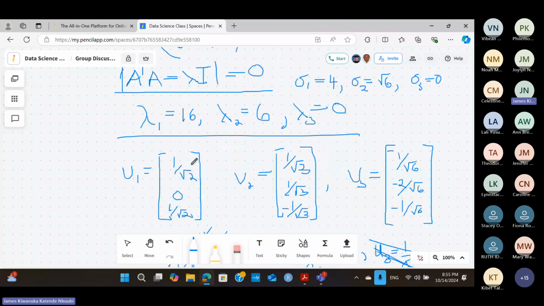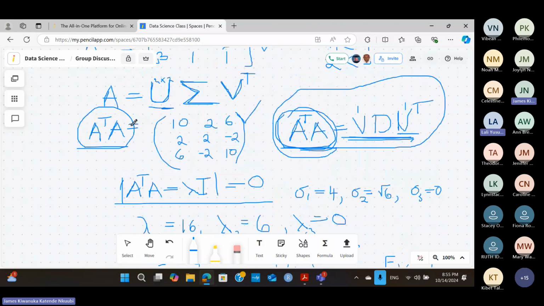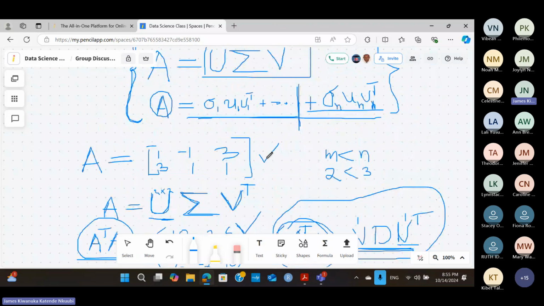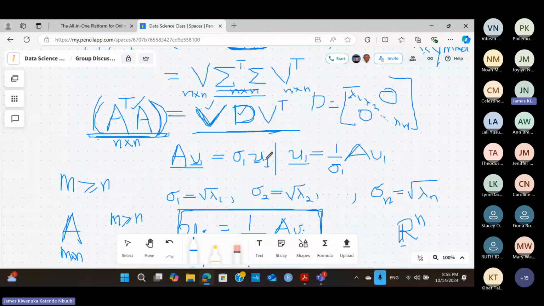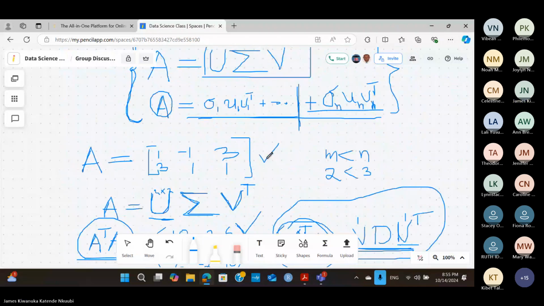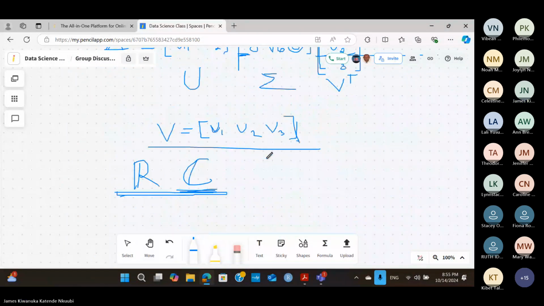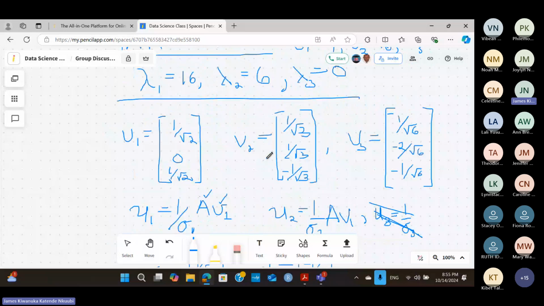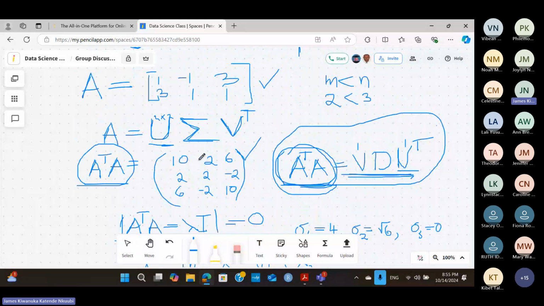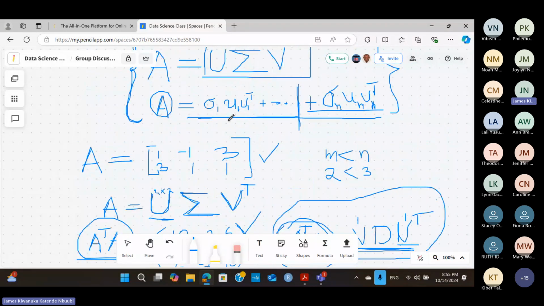Most of the time you'll not be working with data that is as small as this matrix. Most of the time your data will not be this small. It will be several columns and several rows, or maybe just 4 or 5 columns, but several rows. It will never be this small. So most of the time this will be done on computer.